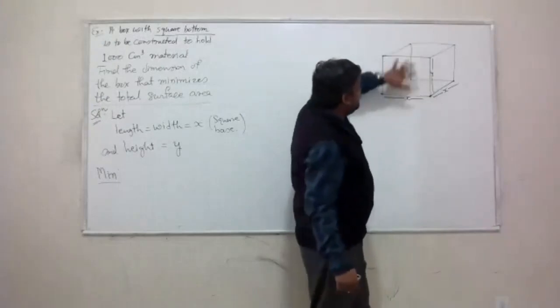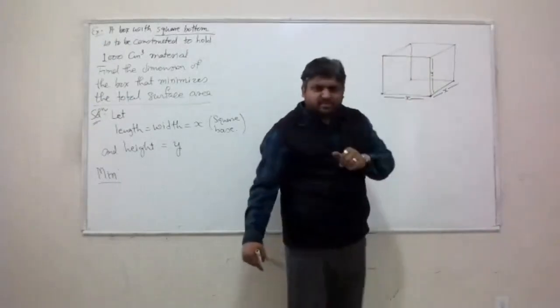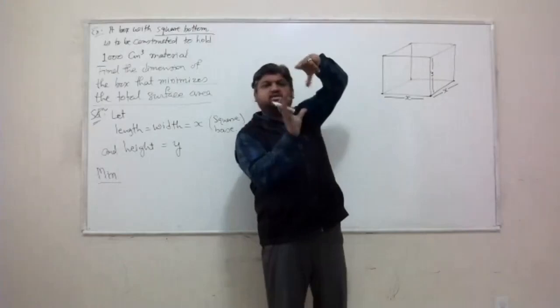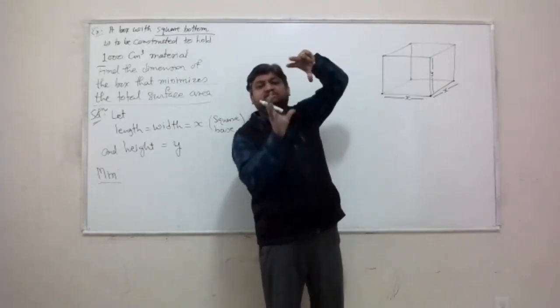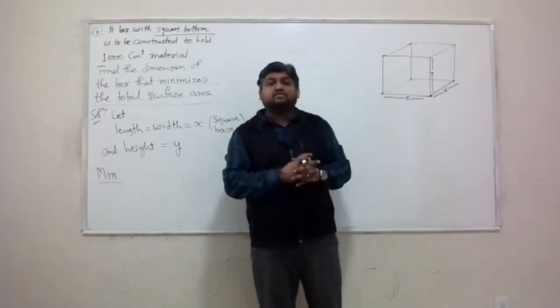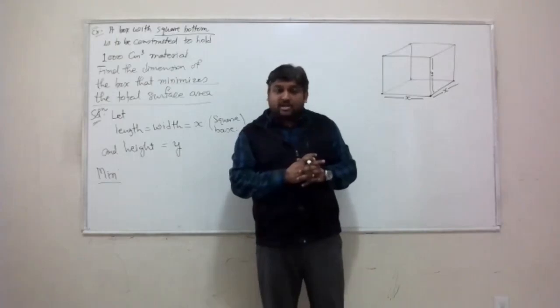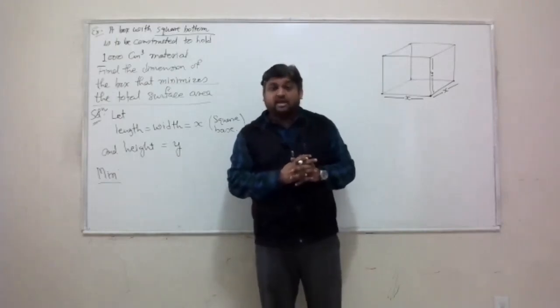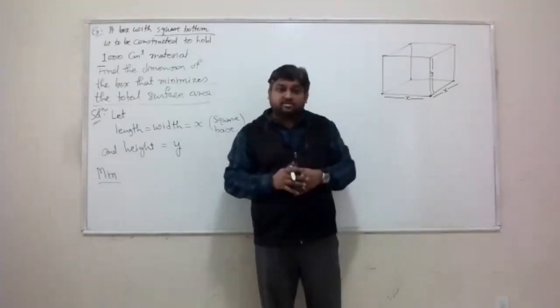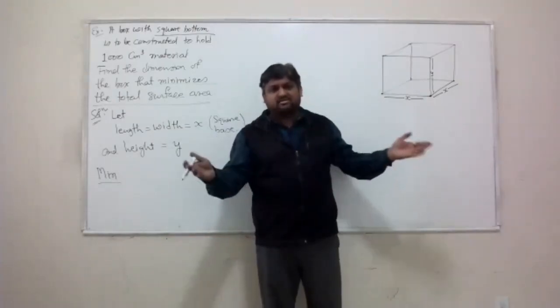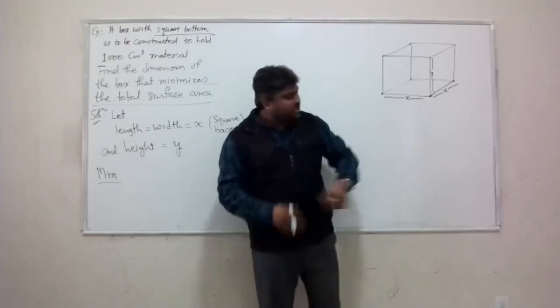What are the shapes of these surfaces? All 6 surfaces are either squares or rectangles, right? Do we know how to calculate area of square or rectangle? Answer should be yes, right? Area of the rectangle is length times width. Area of the square is length times length, right?